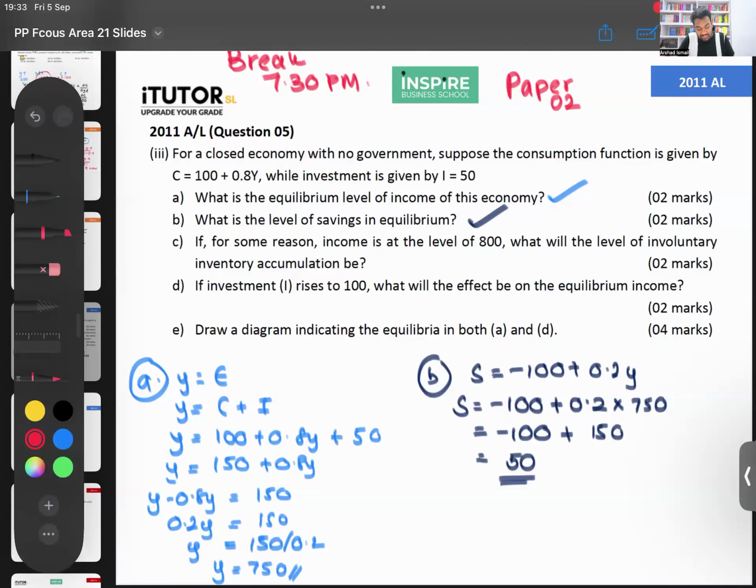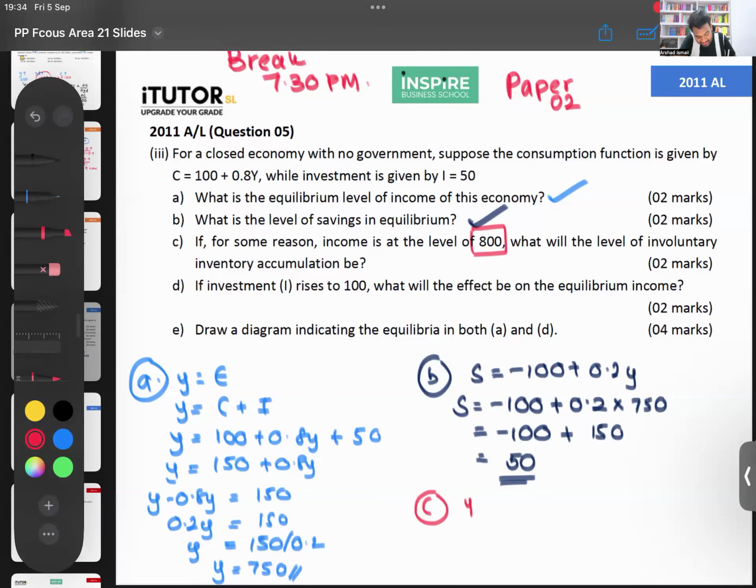Question is saying, if for some reason income is at a level of 800, what will be the inventory accumulation? So your expenditure here is 750. When you calculate y equals E, you get that E as well, right? So expenditure is 750, equilibrium. By any chance, if the income is at 800, that means you have produced more than what people are willing to spend.